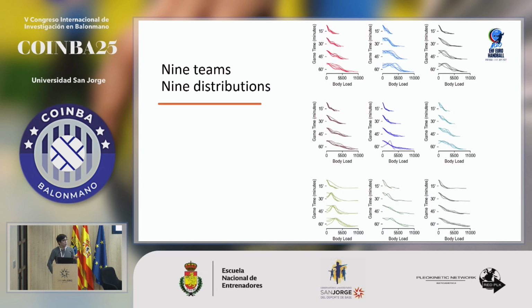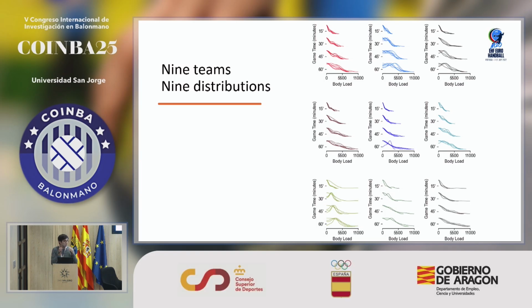Now, we want to see if this pattern is consistent within the team and if there are team-specific patterns. And we notice here that each figure represents one team and all the games from this team that we collected.